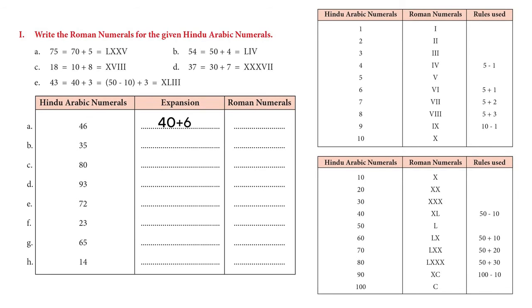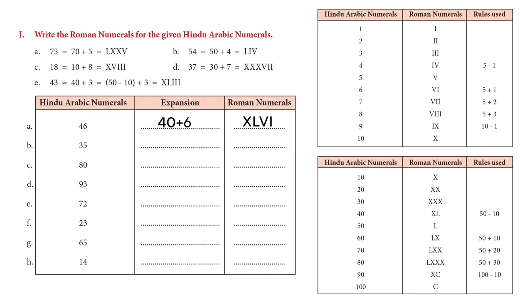Always remember to keep both tables as your reference, then it's very easy for you to do. So, XL, V and I, that will be the Roman letters that can be used for 46. Can you try and go ahead and do the exercises down there, B to H?